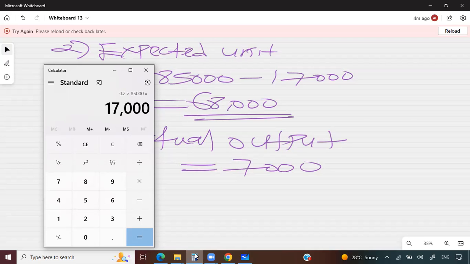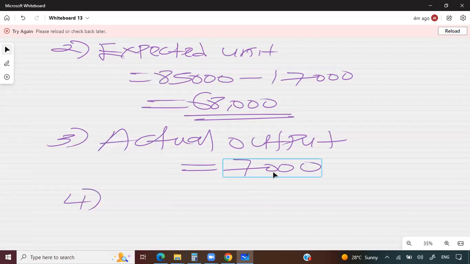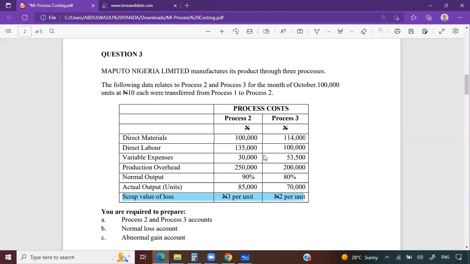So that means what I'm expecting now, if I even have the actual, in this situation as well, it won't work because this one is an abnormal gain. What the examiner means here is that 90% of output has to be successful.